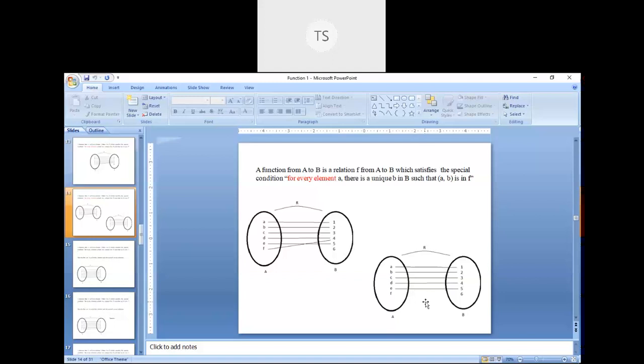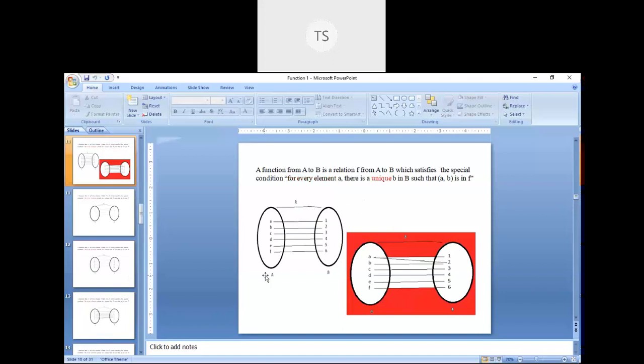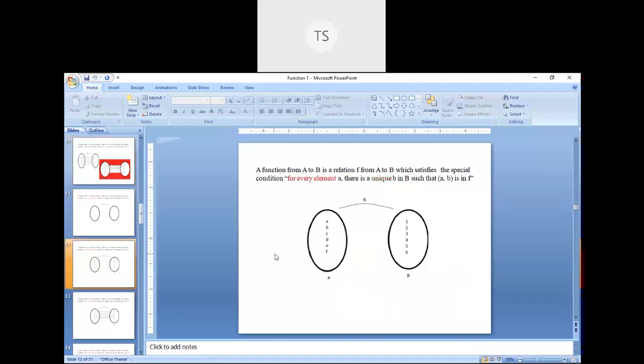So always remember, for a function, you have to get a relation for each and every element of the first set, and a unique element. That means only one arrow from each element of set A, that is, from each element of the first set, only one arrow. So these two are very important points of a function.